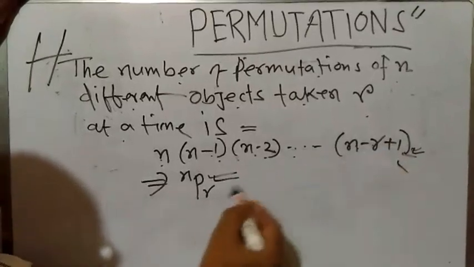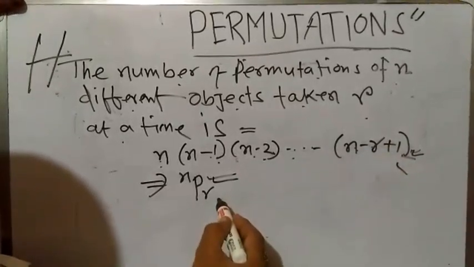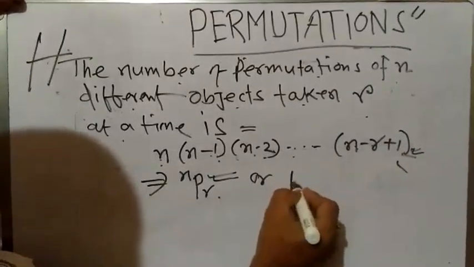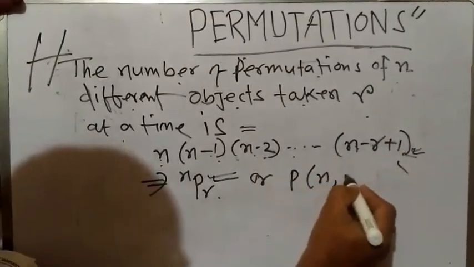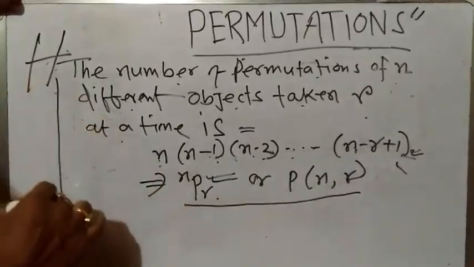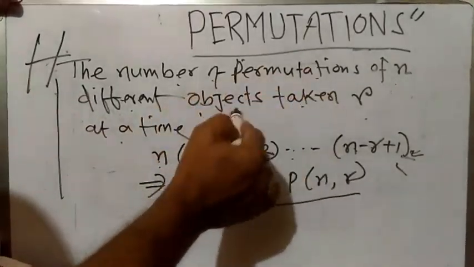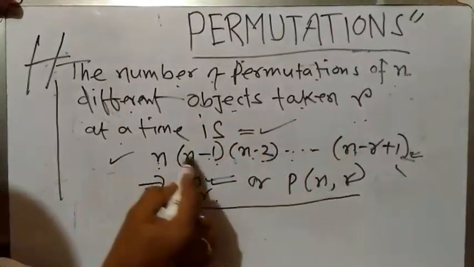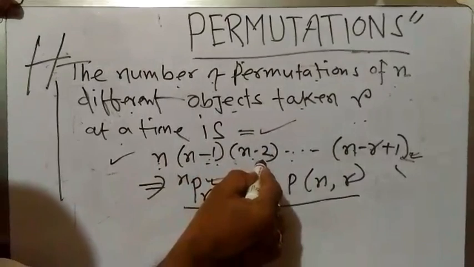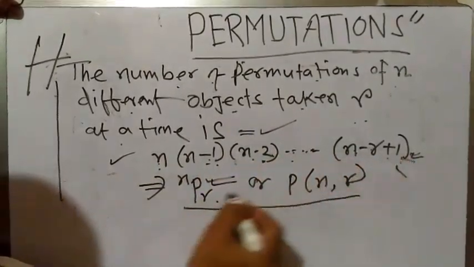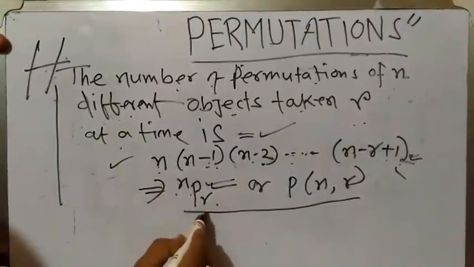This can be written as nPr, or you can write P(n, r), same thing. Clear?